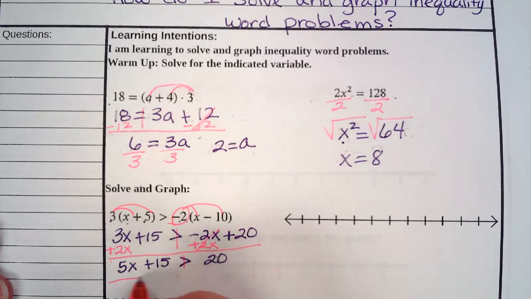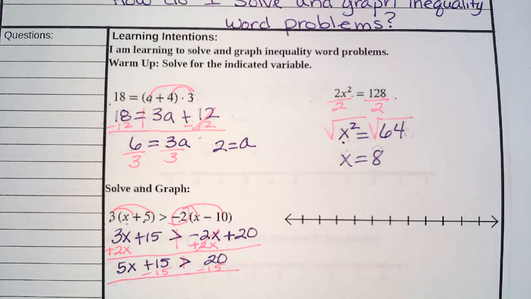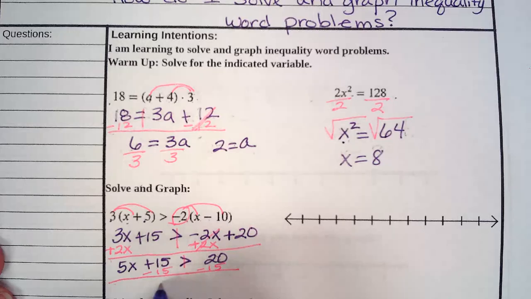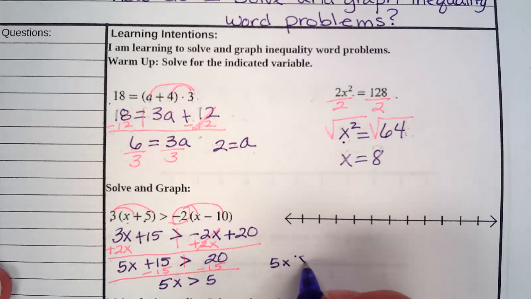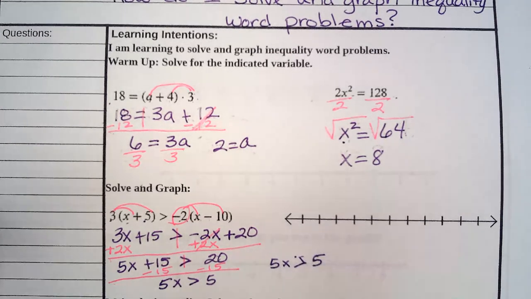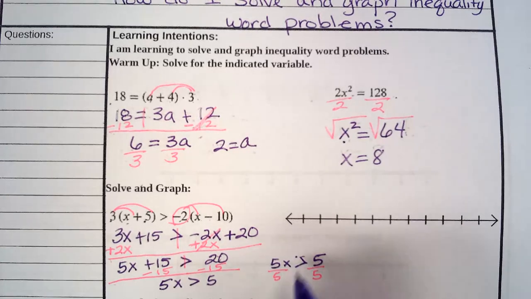Subtract 15 from both sides to get that 5x by itself. 5x is greater than 5. Divide both sides by 5. And x is greater than 1.